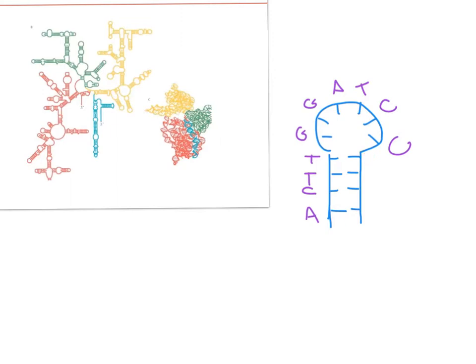Yep, A. And that would be an A, G, and then that would be a T. So you can see that the sequences here are constrained, because let's say A needs to base pair right here, and let's say there was some type of mutation.